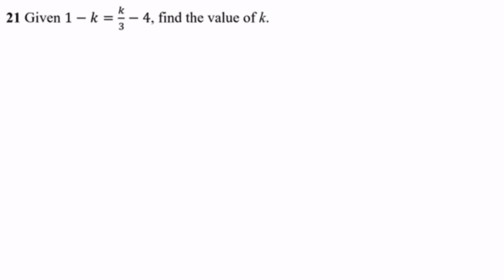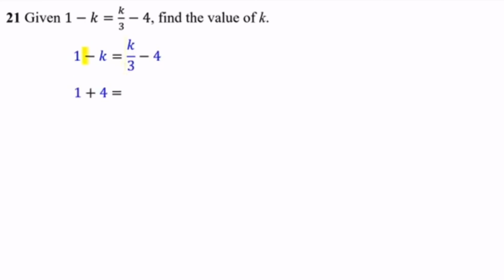This question is an equation, so it's 1 minus k equals k over 3 minus 4, which is your basic from Form 2. So now you can simplify like this. You copy down the equation 1 minus k equals k over 3 minus 4. Then numbers go to one side, and the unknown k goes to the other side.